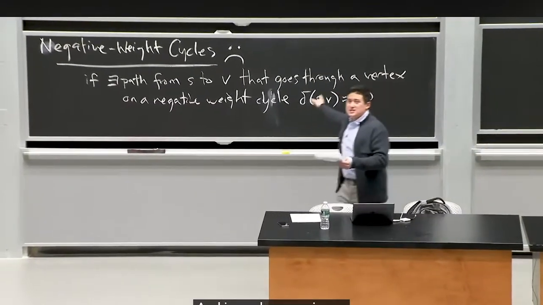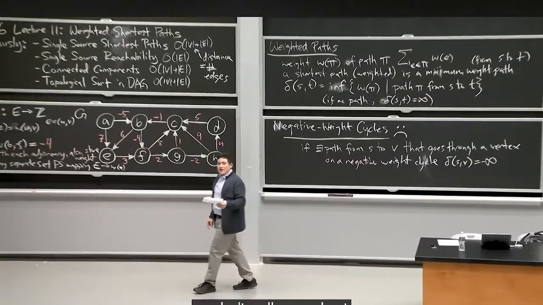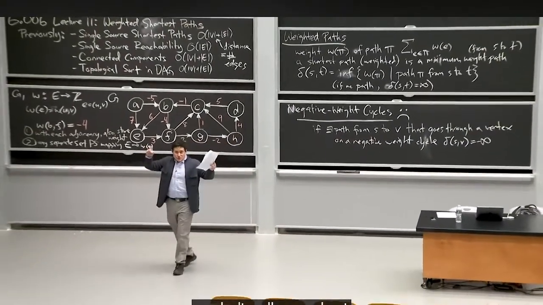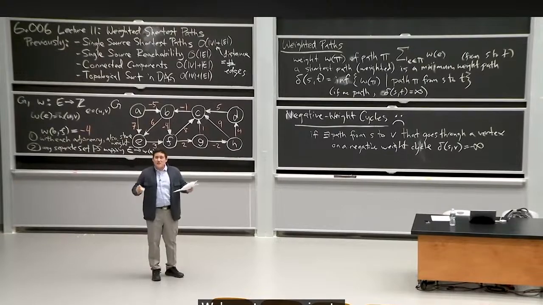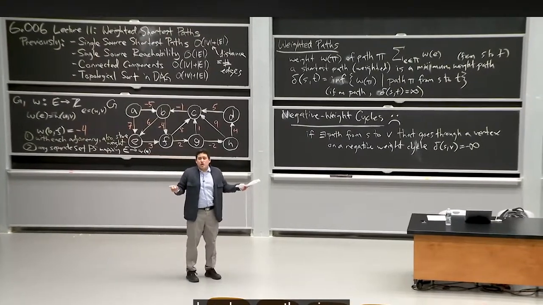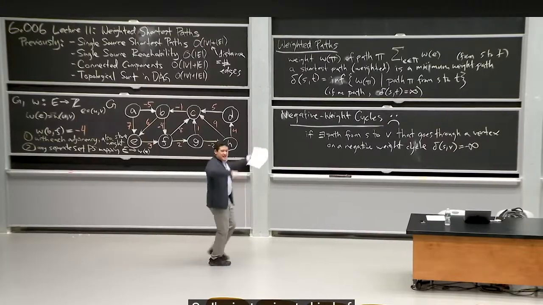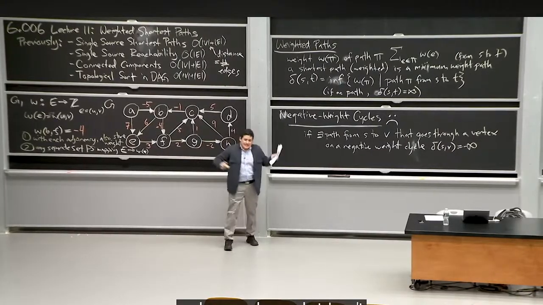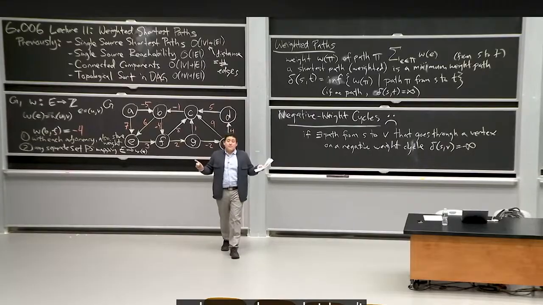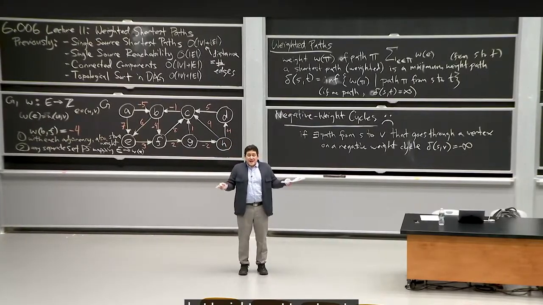And in such cases, in our shortest paths algorithm, we don't really care about what the shortest path is, right? We're not even going to deal with parent pointers here, because there is no finite length shortest path. So I'm just going to throw up my hands in the air and say, you know what, I can't return you a shortest path. But I might want to return to you a negative weight cycle, right?